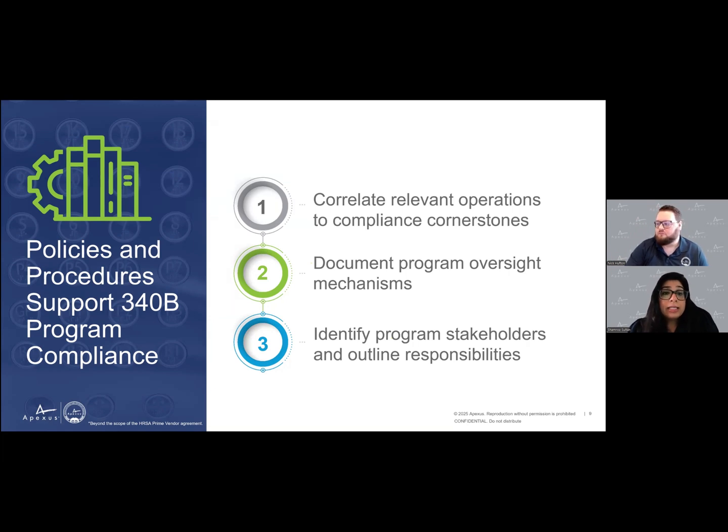It also helps us highlight our process for oversight and how the entity will maintain oversight of the program. And it's also the hub for outlining different program stakeholders. Since 340B program integrity spans outside of pharmacy, for example, with IT, internal audit, and beyond, it's important for us to outline how different stakeholders play a role in the 340B program compliance in our policies and procedures.